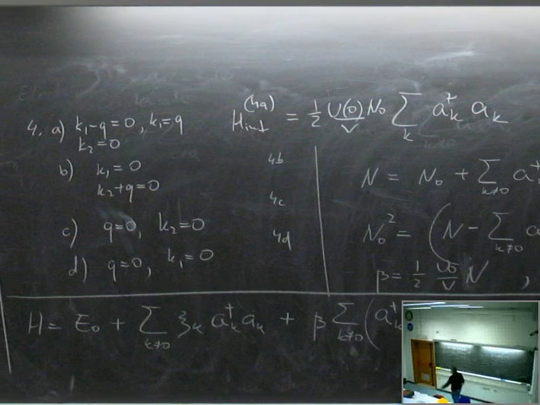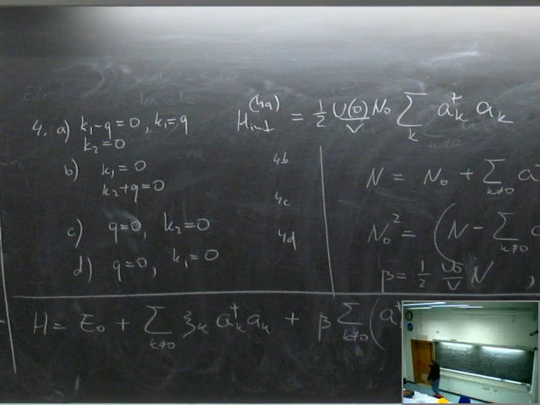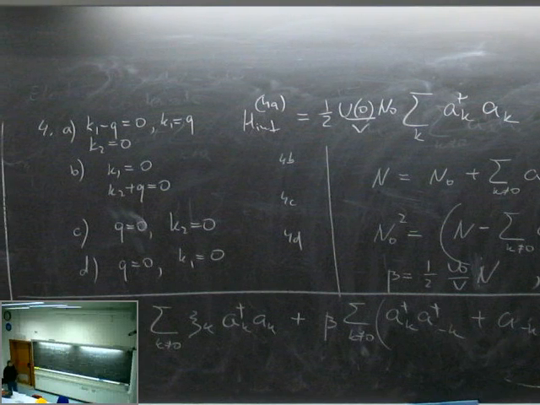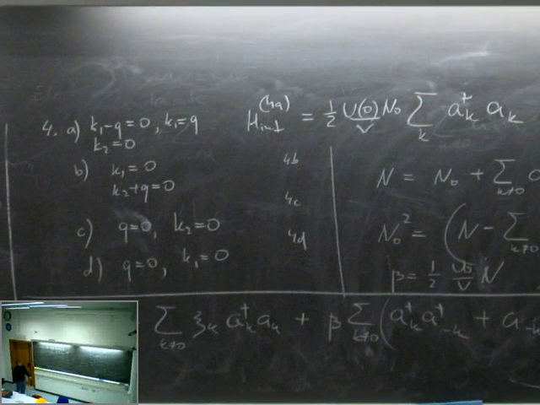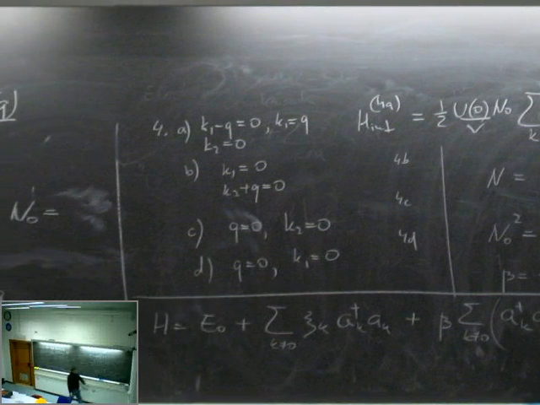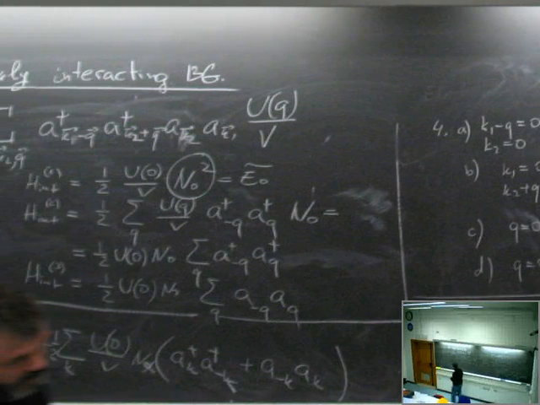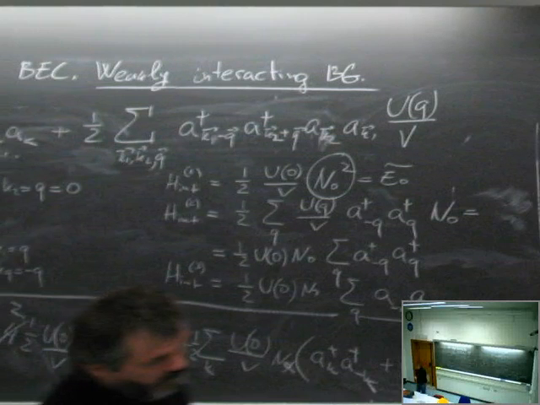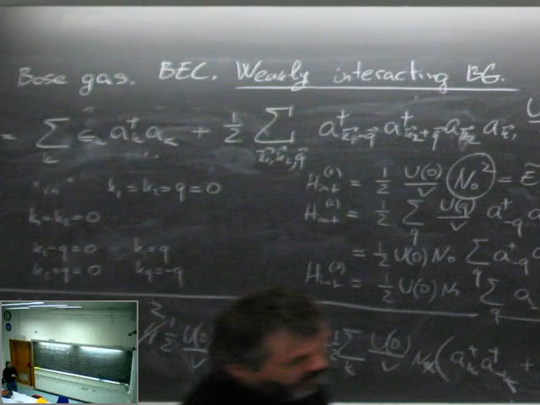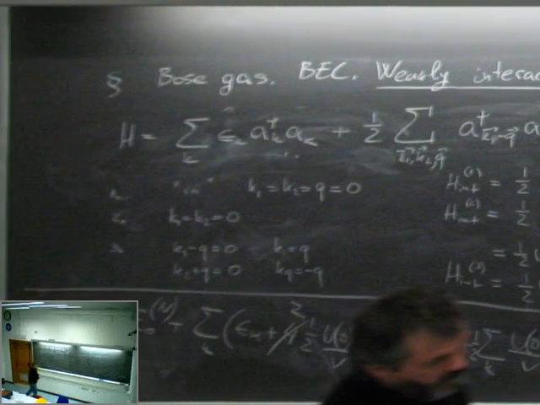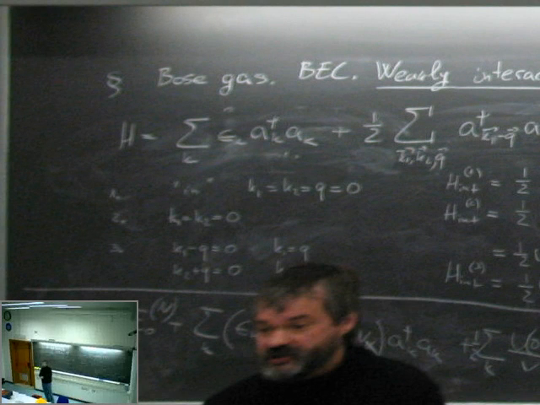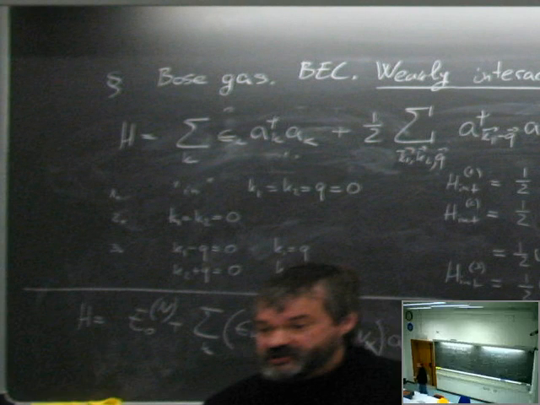I can implement all the power of the theory of non-interacting gas, but the question is how this energy depends on the momentum. I will stop here for today, and on Wednesday we start with this Hamiltonian and proceed with diagonalization, and then discuss the properties of this weakly non-ideal Bose gas. Questions?